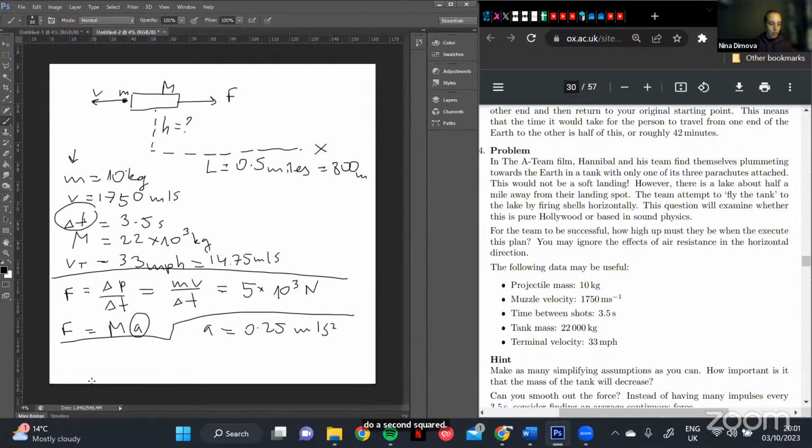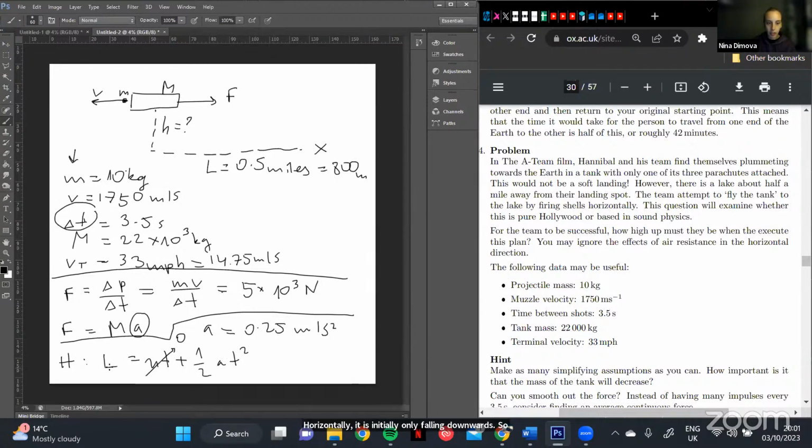And looking horizontally, you can say that this L, which the tank has to travel, will be its initial velocity times the time plus a half AT squared. This is 0 because we assume that horizontally it is initially only falling downwards, so horizontally it doesn't have any velocity.